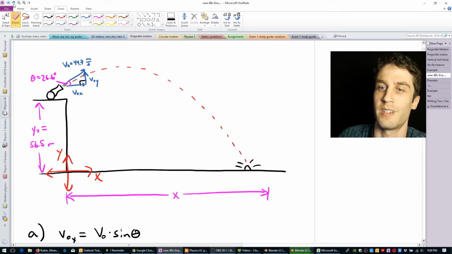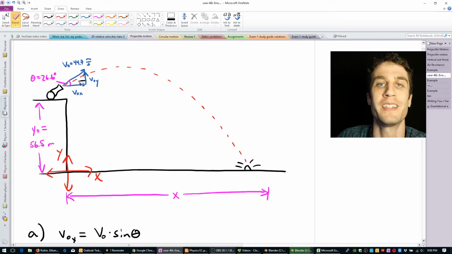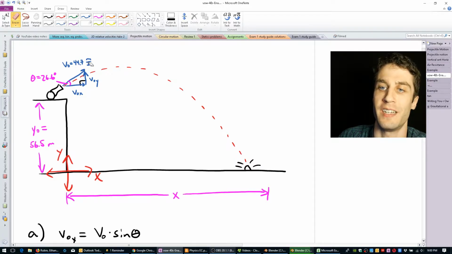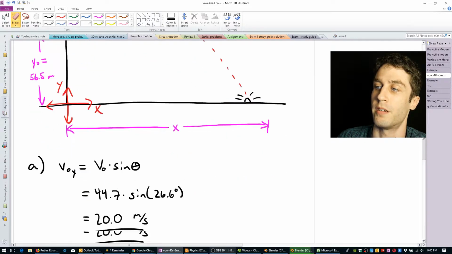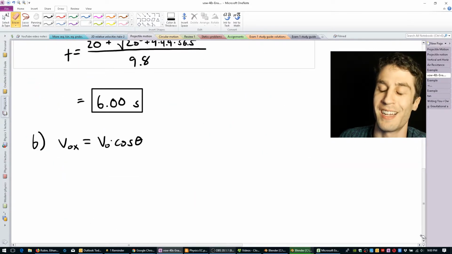There's the hypotenuse of the vector. That's v naught. And there's theta. V naught x is adjacent to our angle, and so we'll use cosine. And so it's v naught times cosine of theta. That's according to SOHCAHTOA.